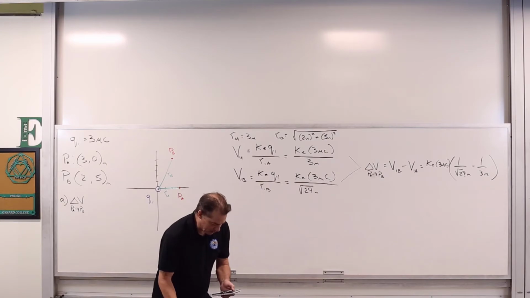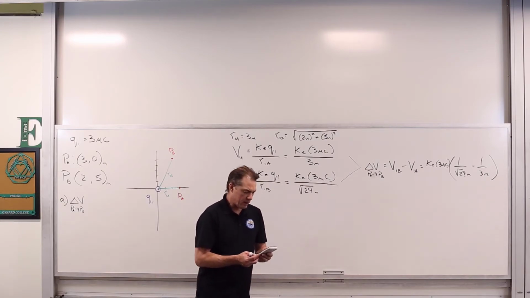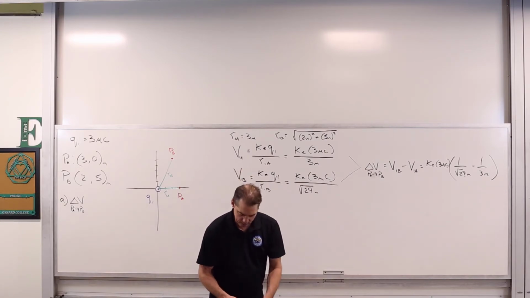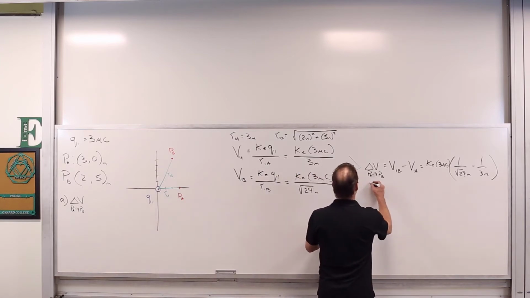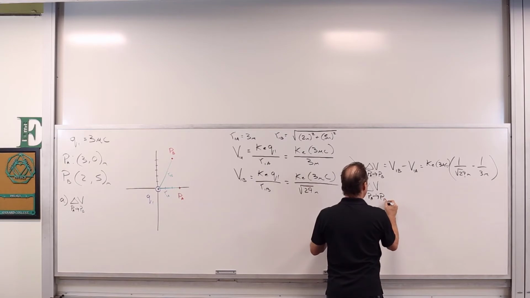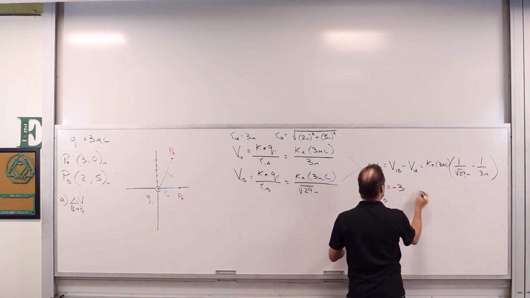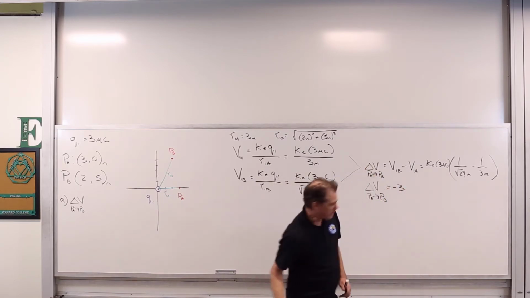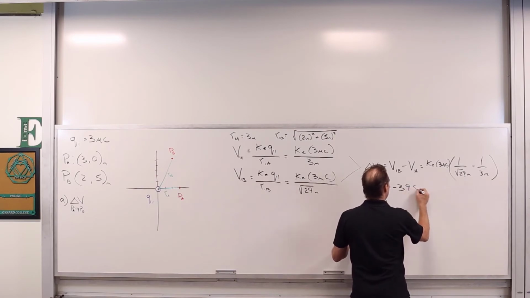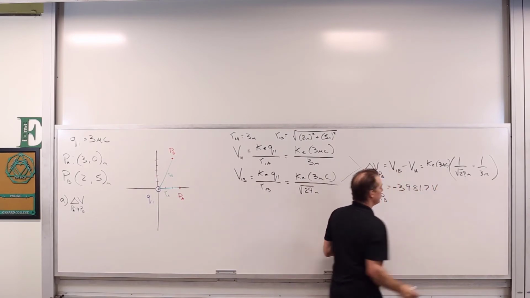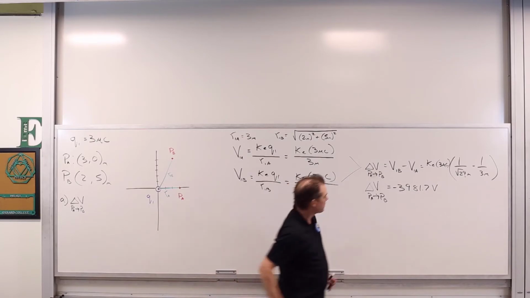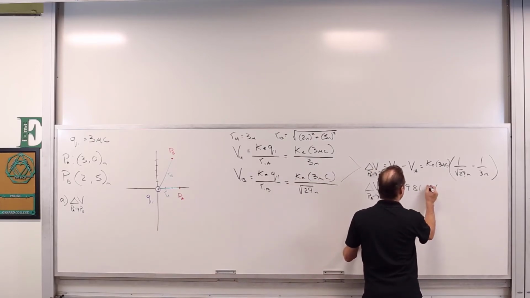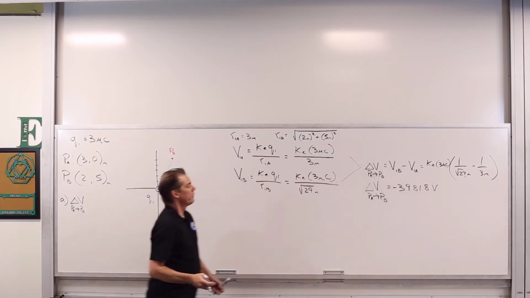We get negative 981.8. Delta V from point A to point B is equal to negative 981.8 volts. Oops, 981.8, my bad. There we go. So there's the potential difference.